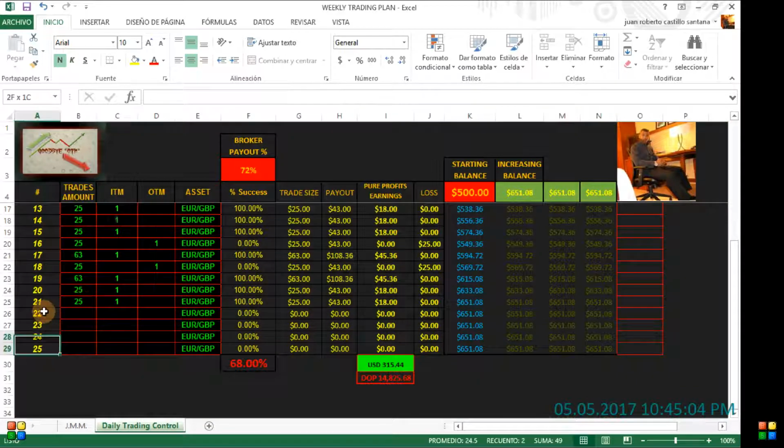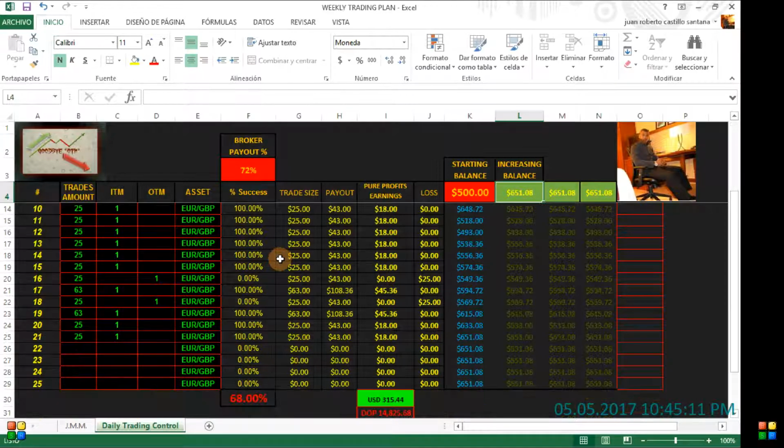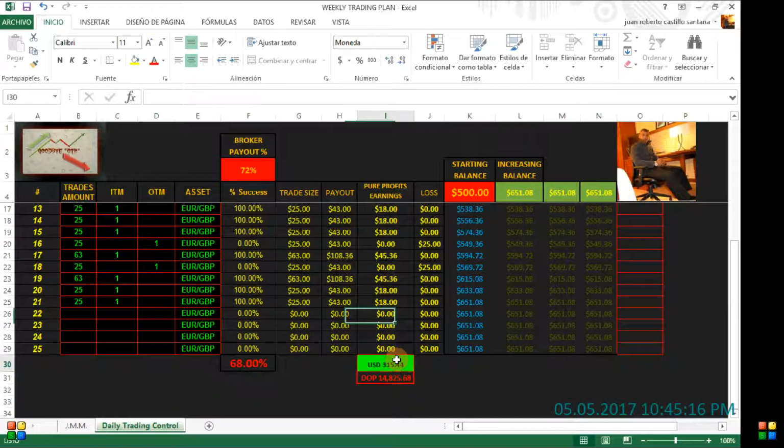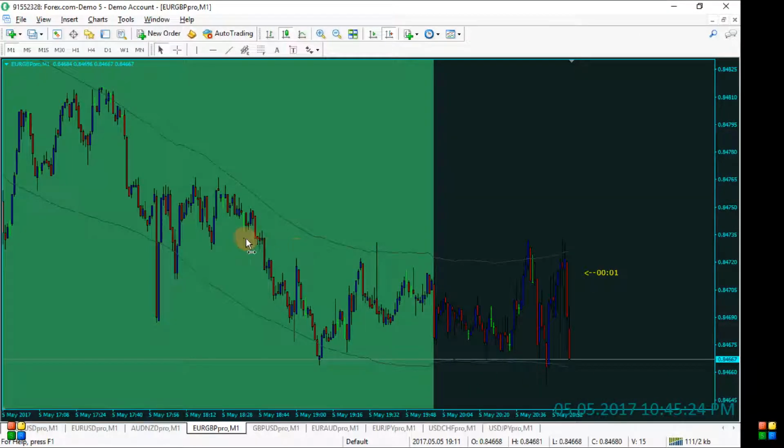I put 25. In yours, you'll see that you don't have 25. That's why this is not reading, so I need to fix it here. But yours already has it, it's working properly. But down here is correct. It's telling me that I already have $315 above. So let's continue.